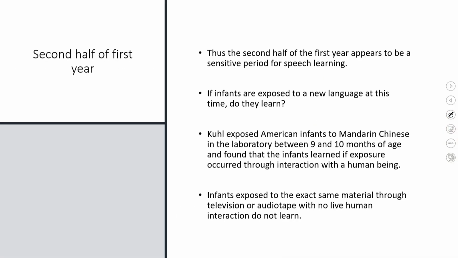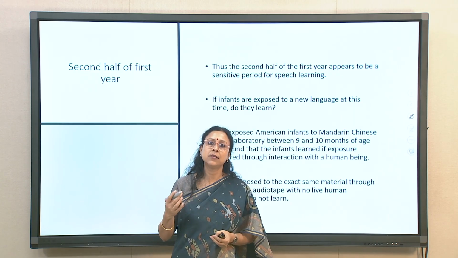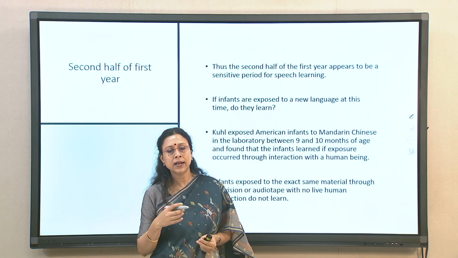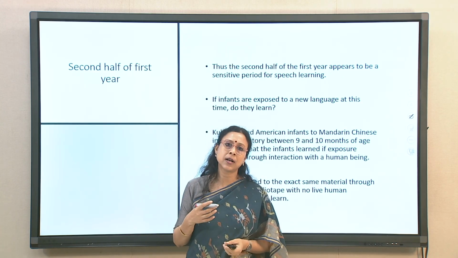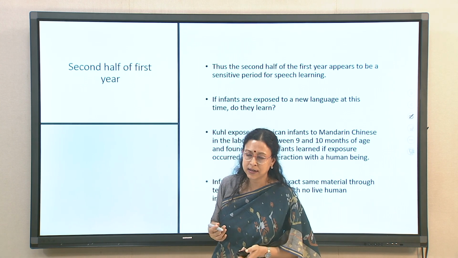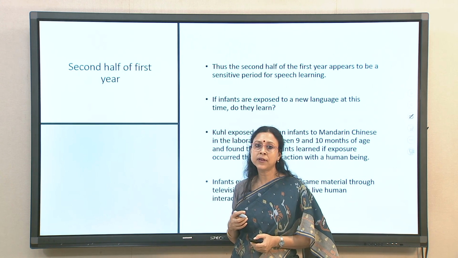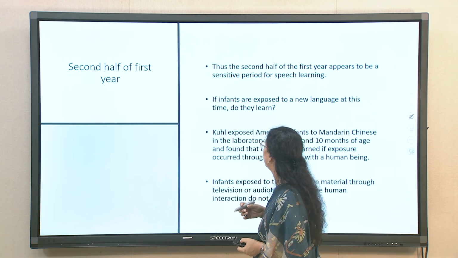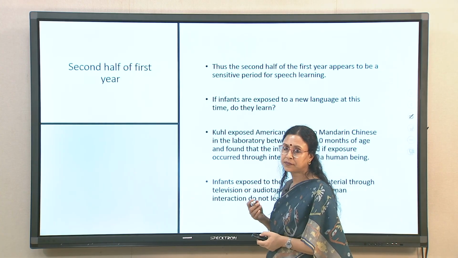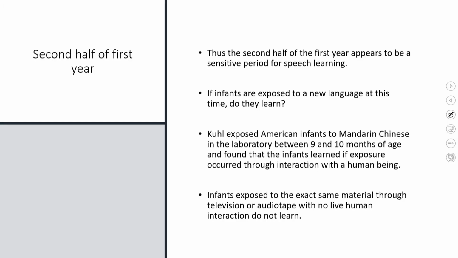So, as the ambient language gets ingrained in the brain, they create the prototypes and they stop recognizing the other languages. The second half of the first year is very important because this happens to be a very sensitive period of speech learning. So, the idea is, if the learning happens around this time, does it mean that if you expose them to a new language, will they learn?